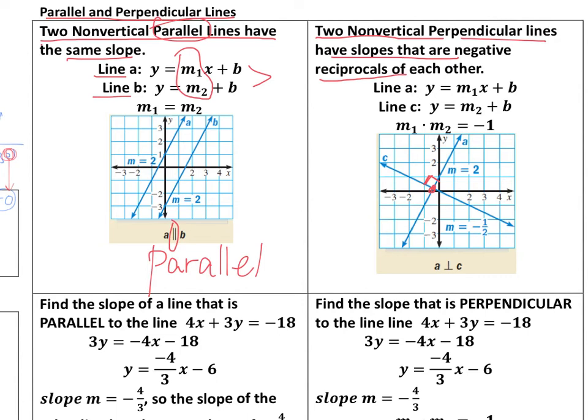So what do I mean by slopes that are negative reciprocals of each other? It just means that when I multiply the slope of one line by the other, the product is -1. I'm going to use some numerical equations to show you what I mean.